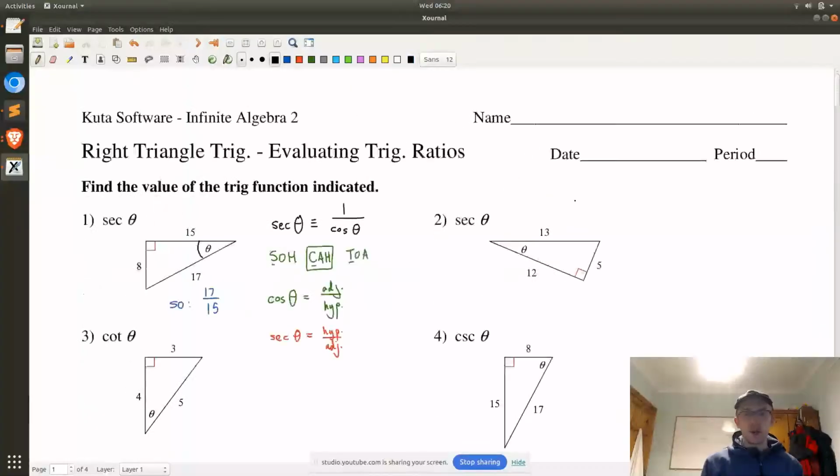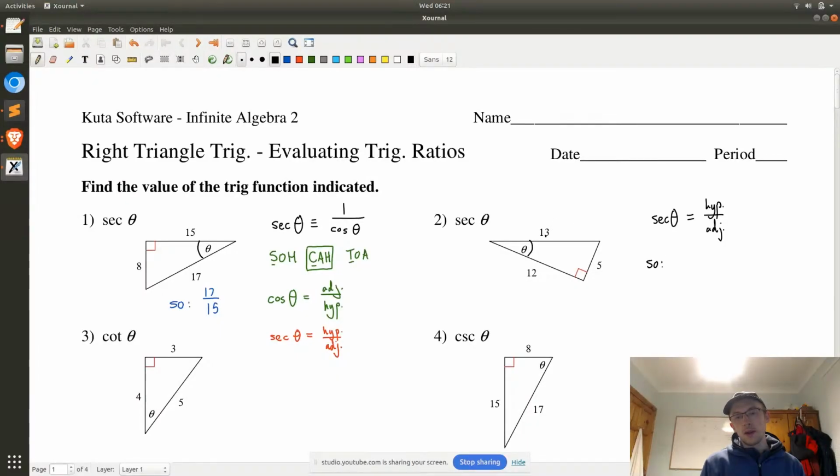Great. So, what about secant of theta in this case? Secant of theta is the hypotenuse over the adjacent. So we can just write that. It's always good to write that. The hypotenuse over the adjacent, which in this case is what?